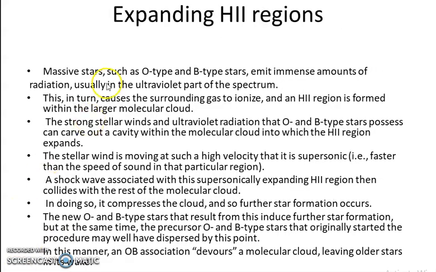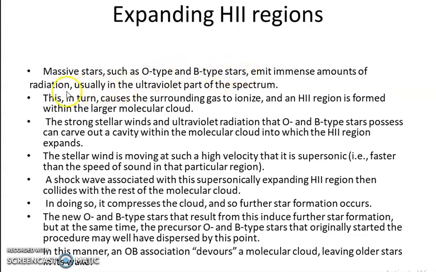The next star formation trigger is the expanding H2 region. We have already seen that H2 regions are regions of atomic hydrogen that is ionized. The massive and bright stars like O and B type stars emit an immense amount of radiation.